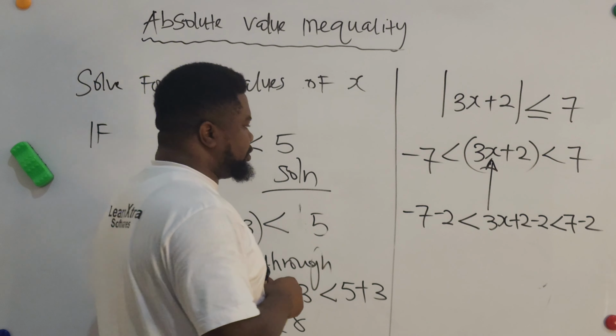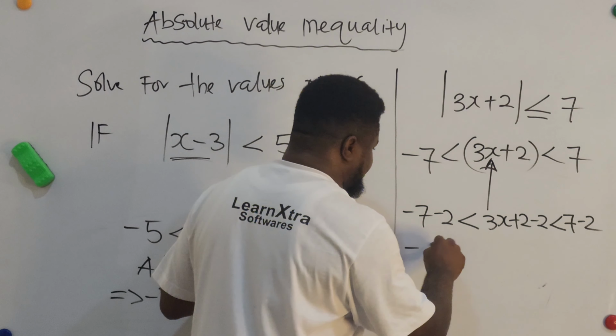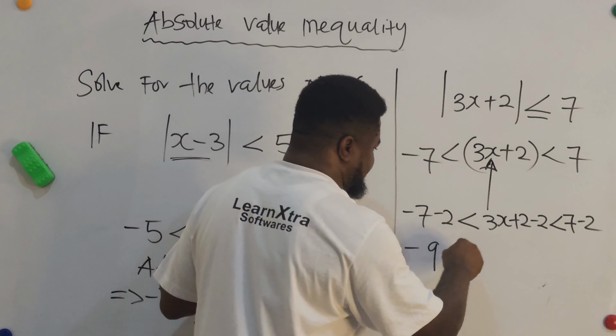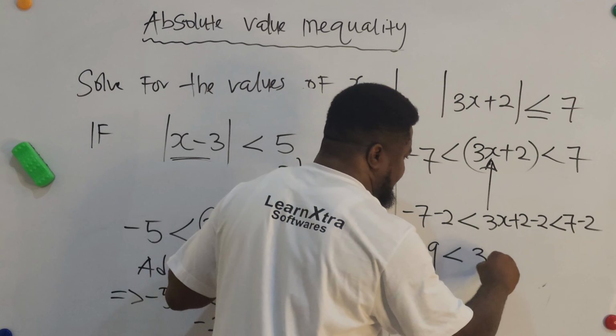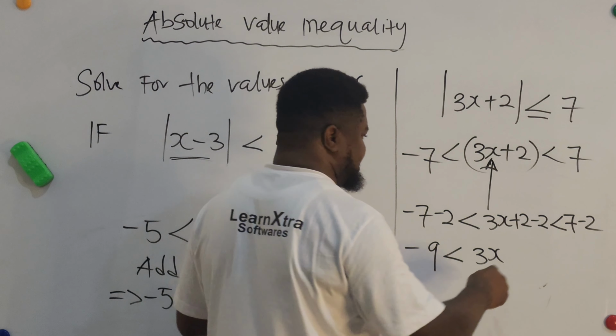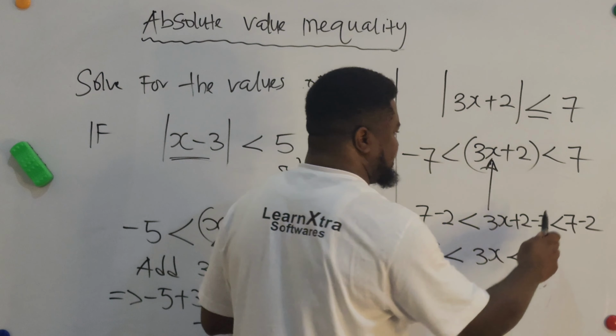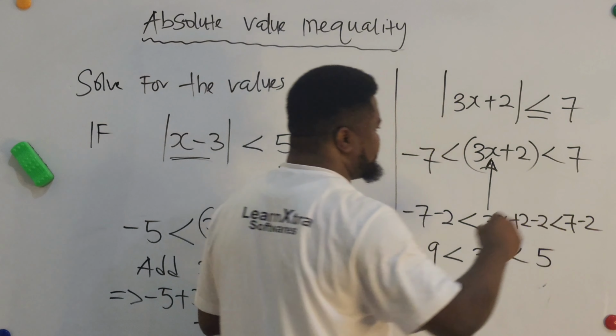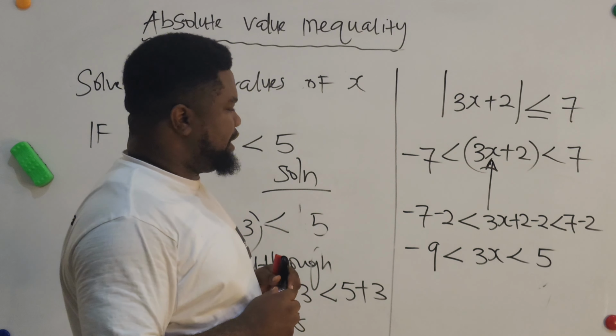So this will be minus 9 is less than 3x, and 3x is less than 5.